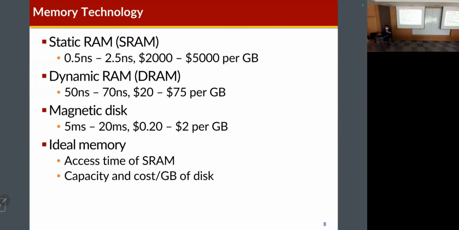In the computer system, we frequently use the static RAM, called the SRAM, or dynamic RAM, called the DRAM. We can also use magnetic disks, the hard disk drive. Also recently, we can use flash memory, or SSD, solid state drive.